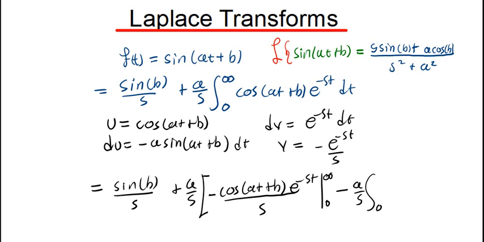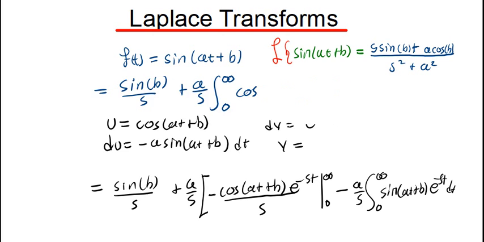So that would be from 0 to positive infinity of sine at plus b multiplied by e to the minus st dt. We are getting closer and closer to the answer that we are looking for.